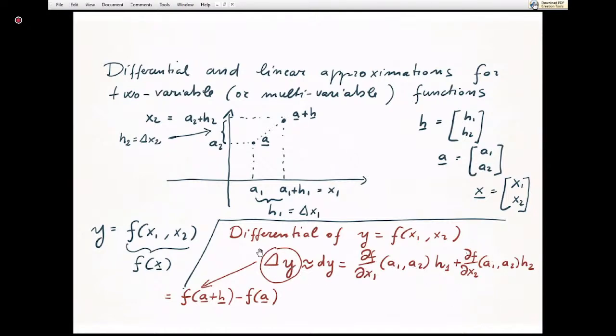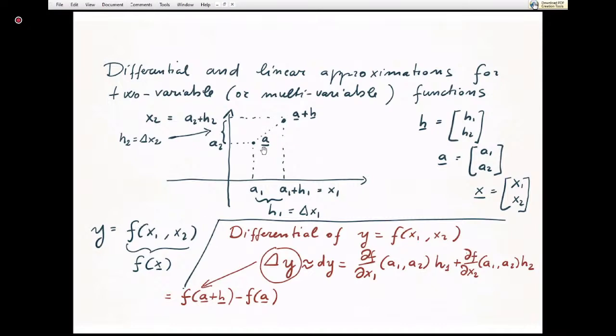So the differential of our two variable function y equal to f of x1, x2 is called this one, which is a linear approximation to its increment, to its true increment. This is the true increment of the function. We should compute the increment directly if we must know the expression of the function to compute the true increment, okay?